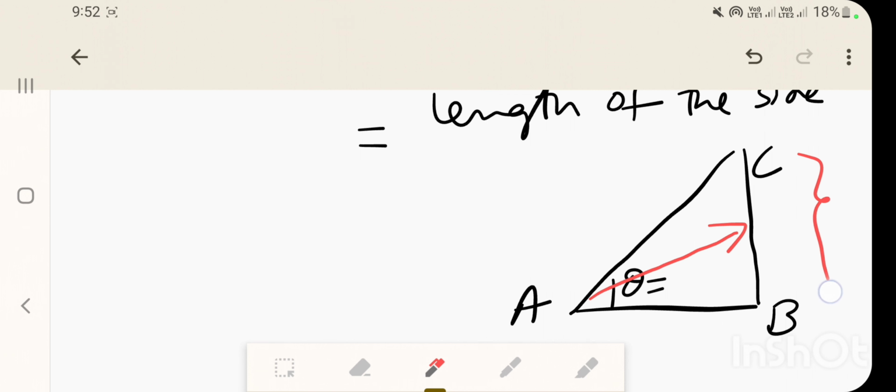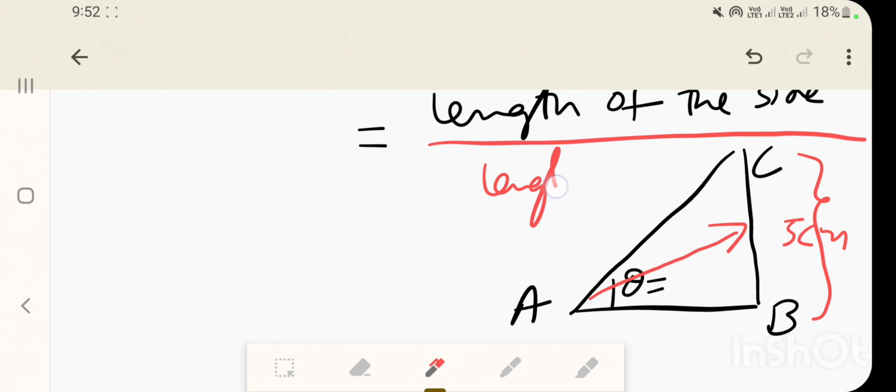The length of this BC can be some value, 5 centimeters, 4 centimeters. So the length of the opposite side to the angle A divided by the length of the hypotenuse. What is the hypotenuse here?